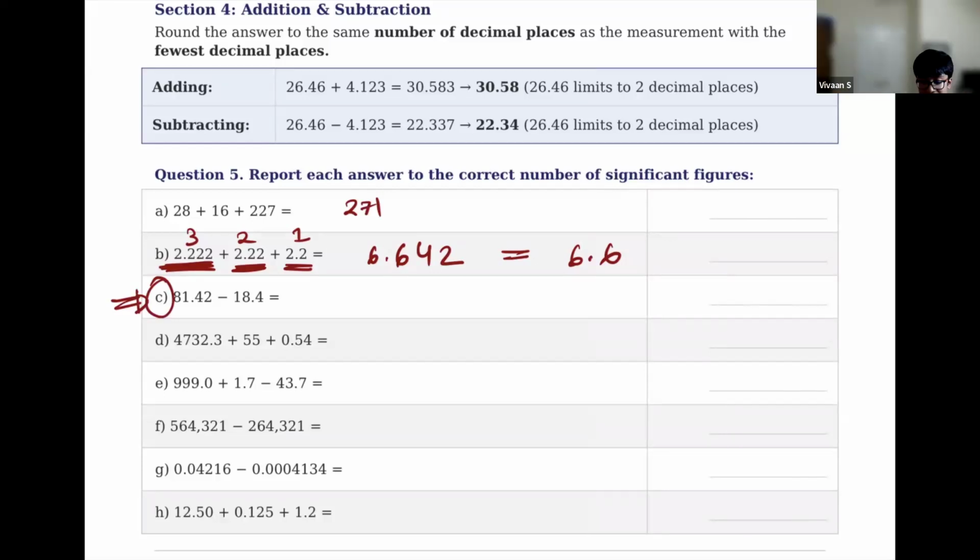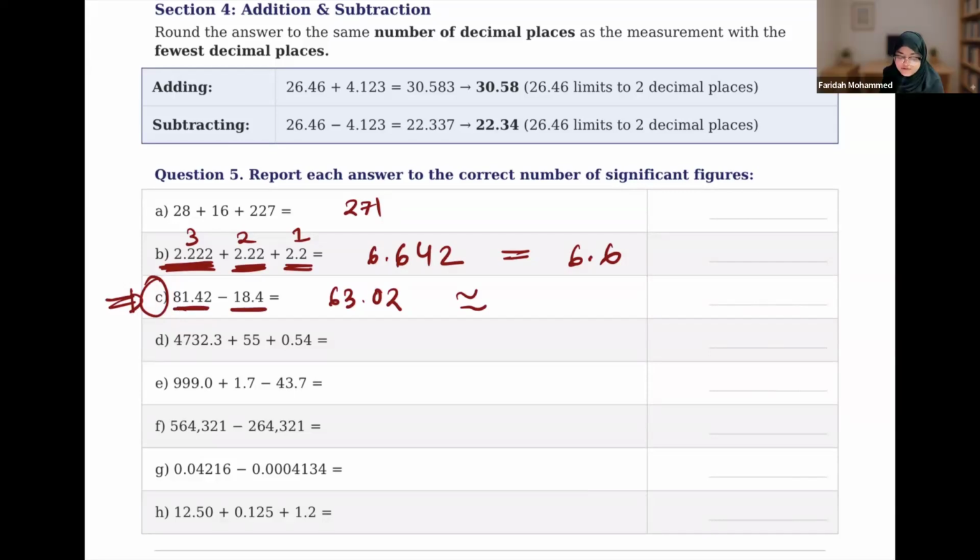So when you put it in your calculator, you got? I got 63.02. Okay. Now, how do we know how to round off? You look back at the question, and I rounded to the least decimal places, the tenths. So it'll just be 63.0.